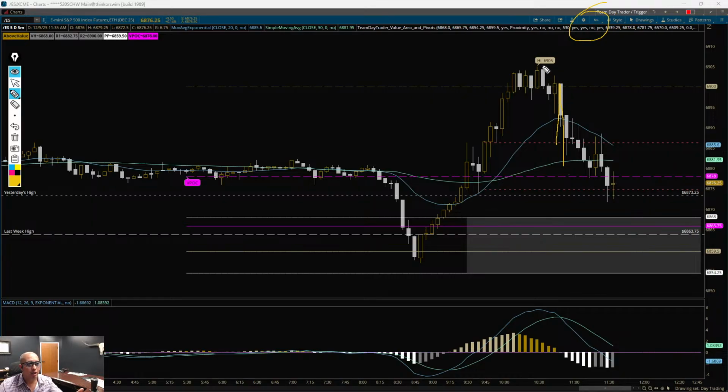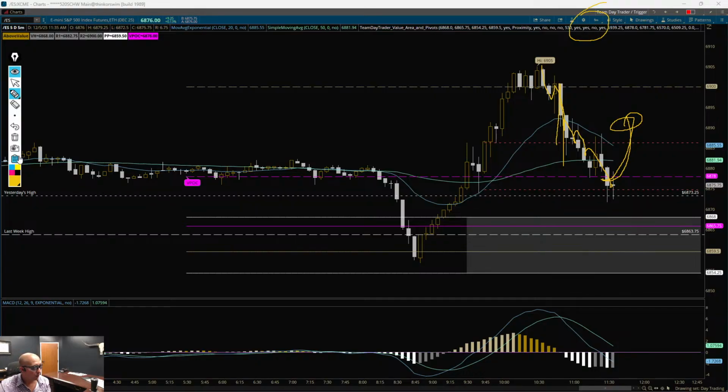This has just been a move lower, the slow grinder lower. Not anybody pushing the button hard. So, more than likely, this is going to get sucked up.